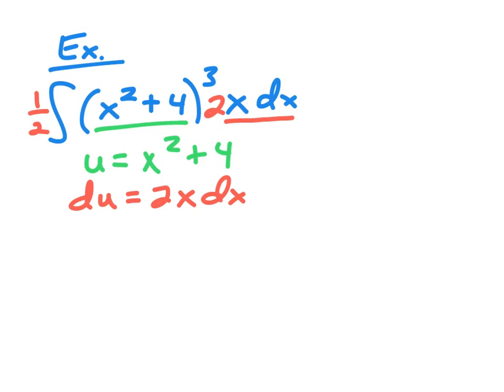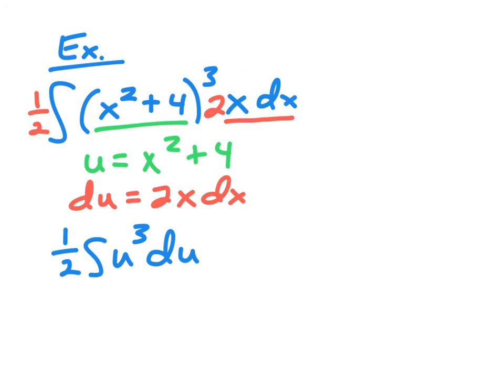So now if I rewrite it, I have 1/2 on the outside, u to the third, and then this 2x dx is all equal to du. Comparatively, this is going to be a lot easier to integrate than the original problem.